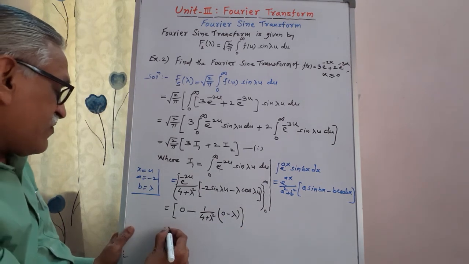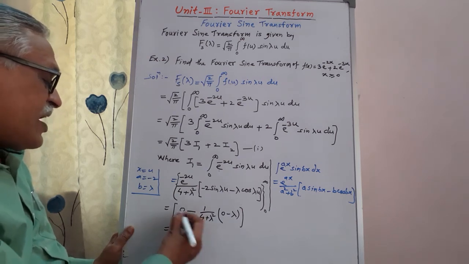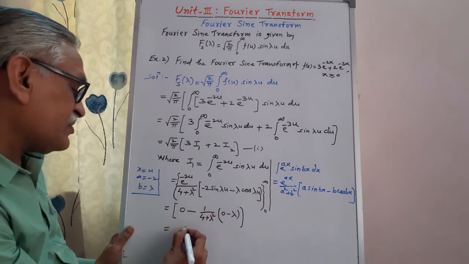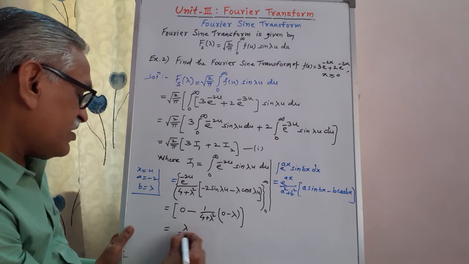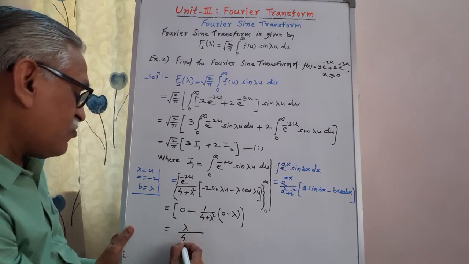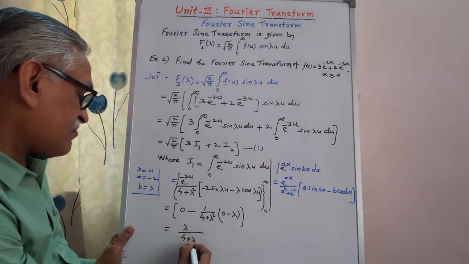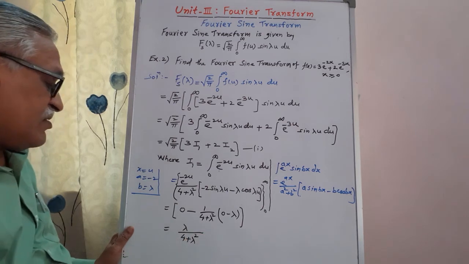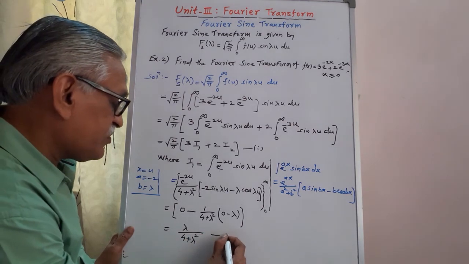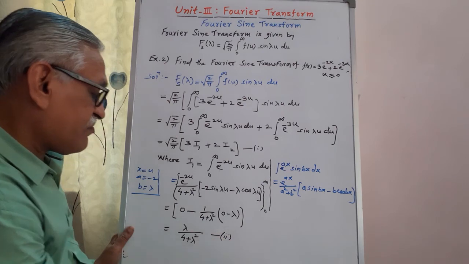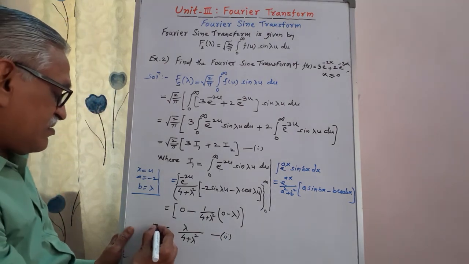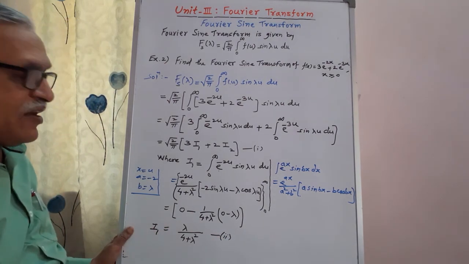Therefore we get the value of I1 as minus minus, which becomes plus lambda divided by 4 plus lambda square. We call this equation 2. This is the value of I1.